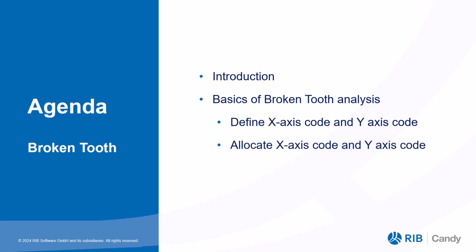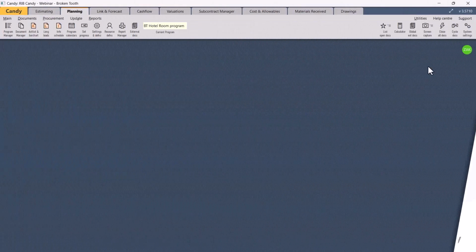Then the related X-axis code and Y-axis code must be allocated to the relevant activities. And to see the actual result of the report on the screen or in the printout, there needs to be progress on the program.